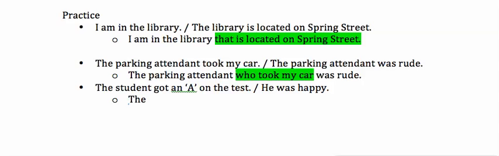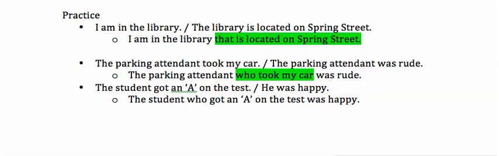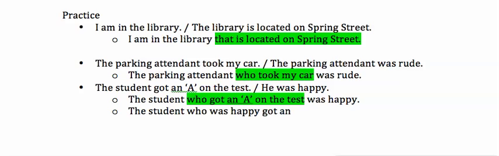So you can say the student who got an A on the test was happy. And the adjective clause again is who got an A on the test. Now you could definitely say something like this: the student who was happy got an A on the test. But of the two, which one is best? What do you think?